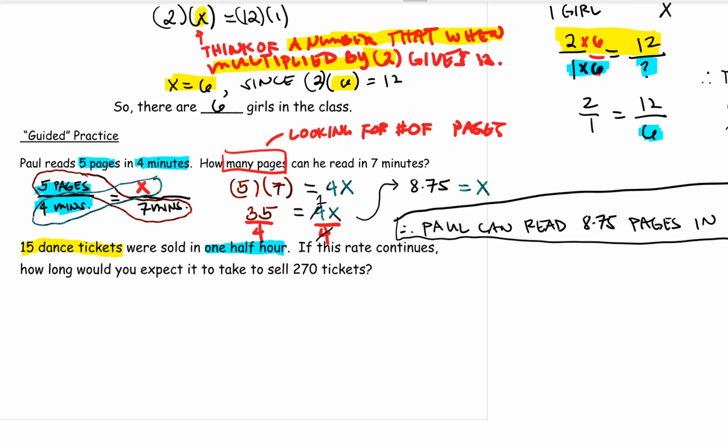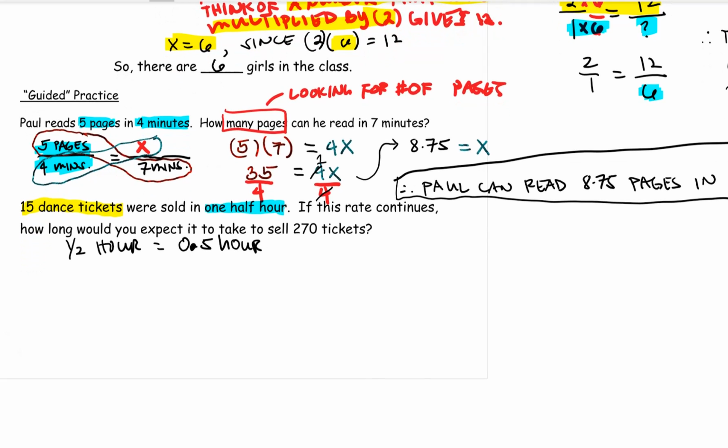I'm talking about the number of tickets and the number of hours. Remember that 1/2 hour is just equivalent to 0.5 hour. It's much easier to deal with a decimal in this case than a fraction, although if you deal with a fraction, that's also okay.